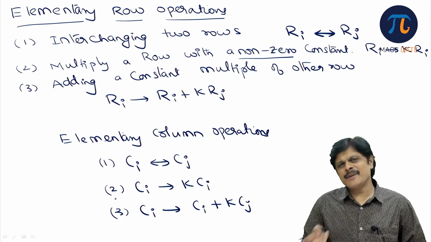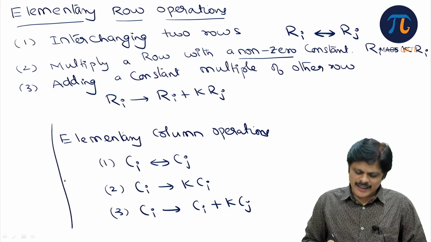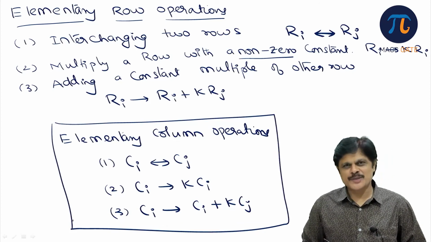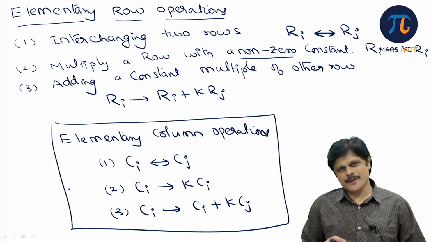These are elementary column operations, similar to elementary row operations. But I try to avoid these elementary column operations as much as possible in this particular course, because most of the course requires only elementary row operations.